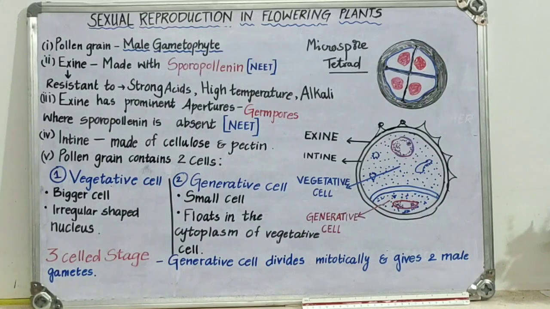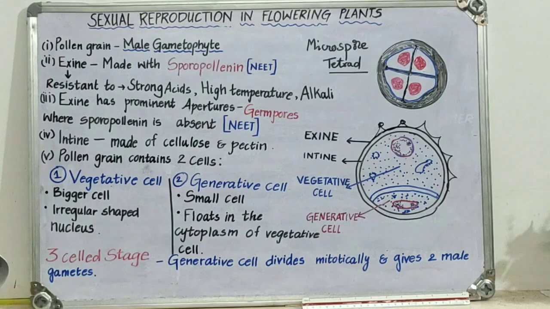The viability of rice and wheat is 30 minutes only. Then three families are given in our textbook: Rosaceae, Leguminosae and Solanaceae.